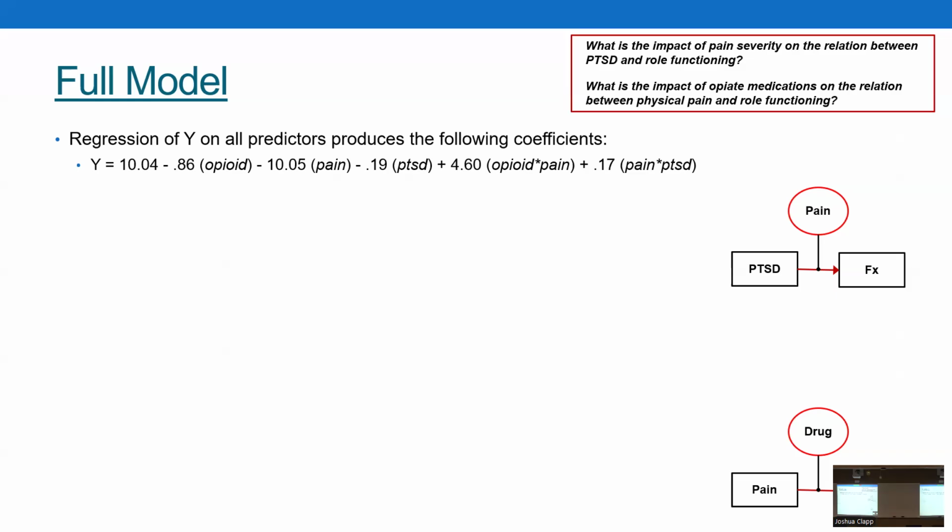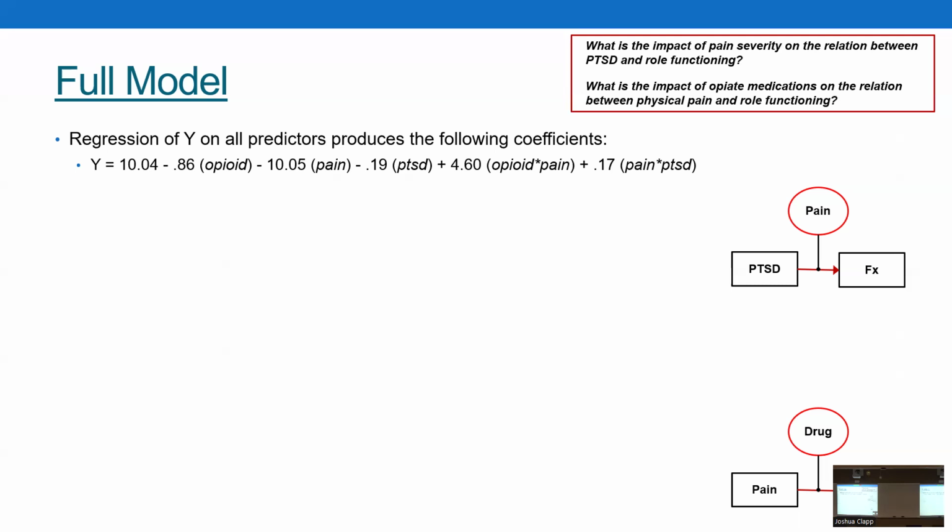Often this will be based on history: if I've got a large history that says PTSD is related to functioning, then that's probably my base relation. What I'm interested in is whether level of pain changes this. So in this situation, I'm modeling PTSD as my conditional effect and pain as my moderator.